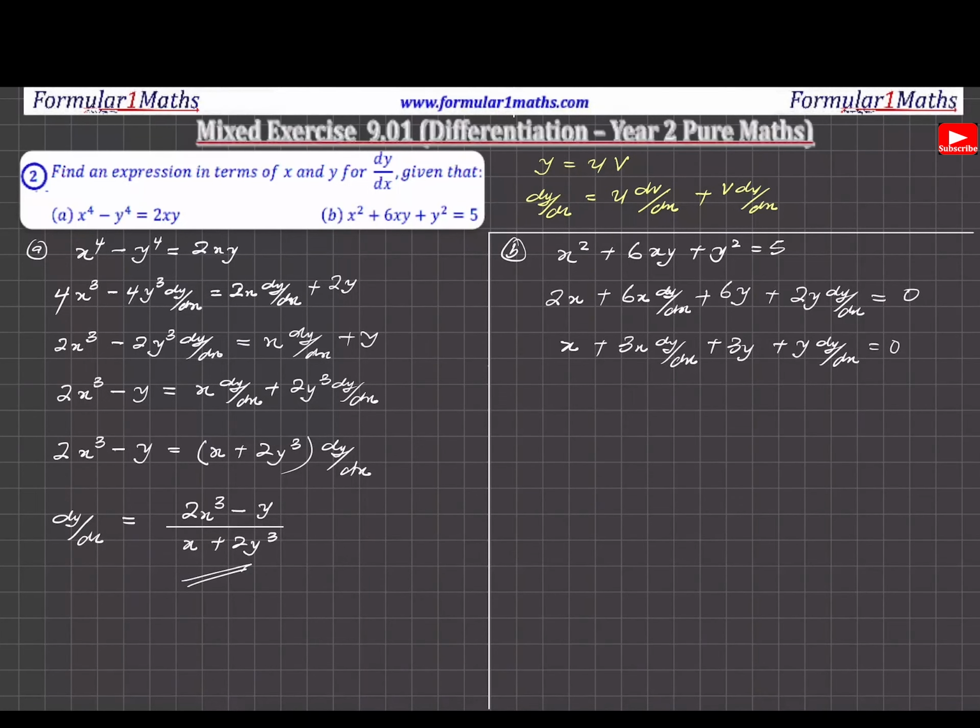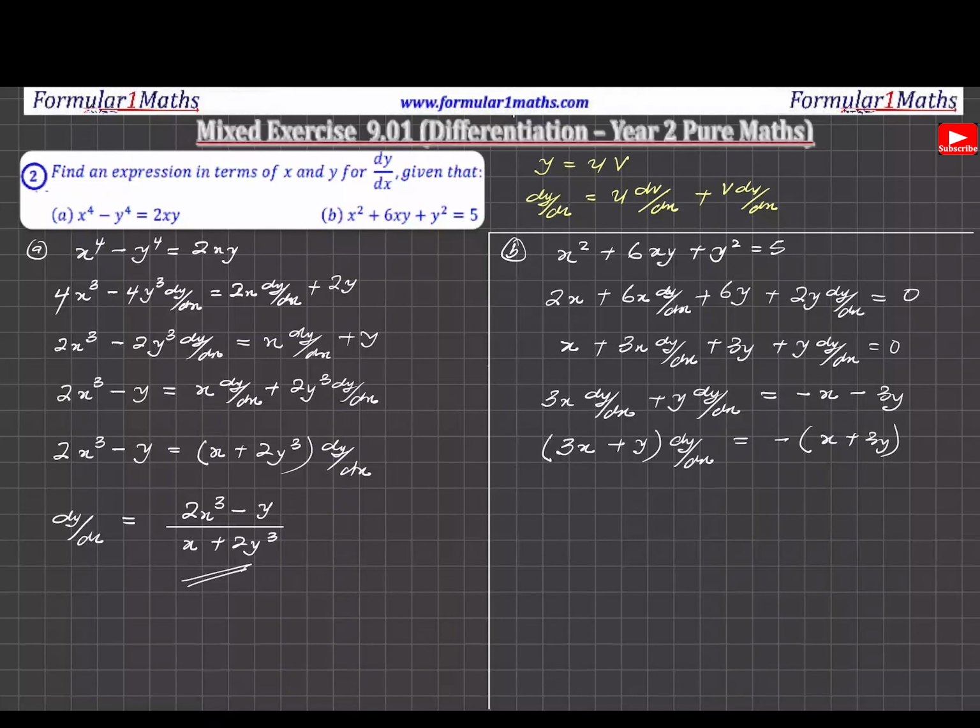Then I will put like terms together, and I'll get 3x dy/dx plus y dy/dx is equal to minus x minus 3y. Factorizing the left-hand side, you're going to get (3x plus y) dy/dx equals minus (x plus 3y).